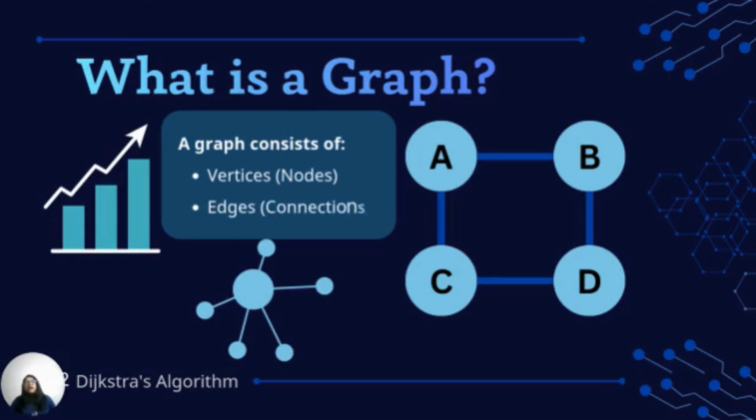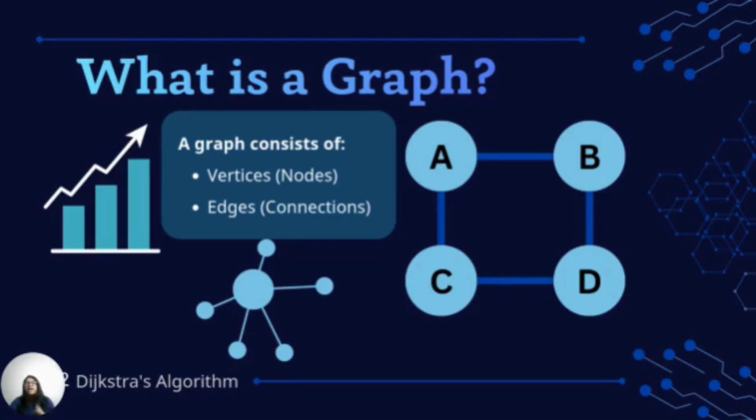To understand Dijkstra's algorithm, we first need to understand graphs. A graph is a data structure made up of nodes and edges. Nodes are points or locations. Edges are connections between those locations. For example, cities connected by roads can be represented as a graph.